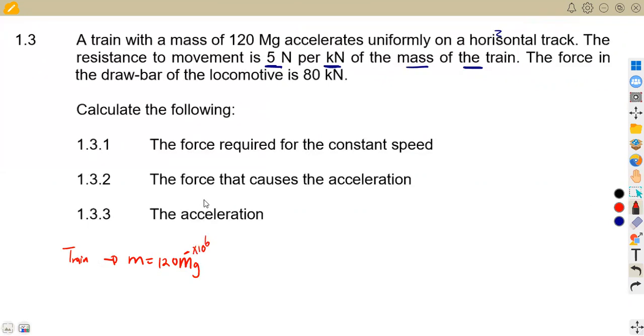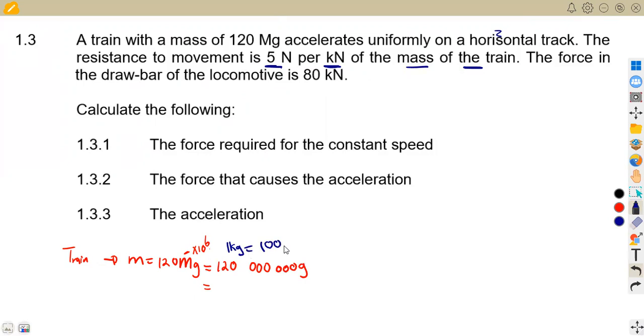All right, so this can enable us to convert this mass. Our mass is supposed to be in kgs, okay? So if we multiply this by 10 to the exponent of 6, we are going to obtain 120 million grams. If we convert to kgs, that's divided by 1,000, because we know that in a kg we have got 1,000 grams.